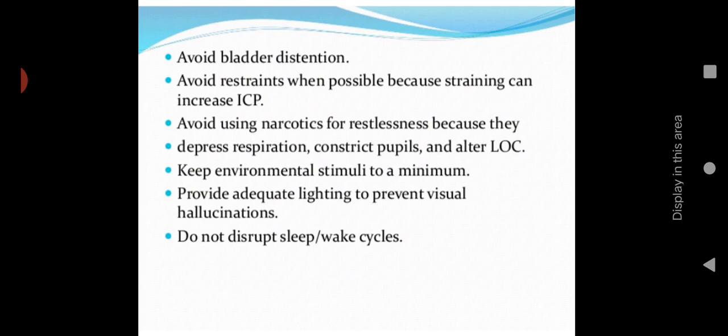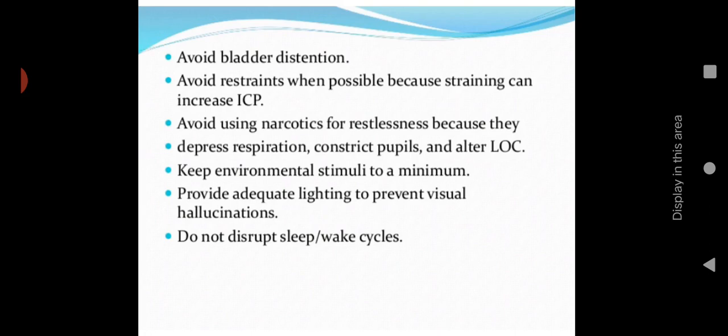Avoid using narcotics for restlessness because they depress respiration, constrict pupils, and alter level of consciousness. So try to avoid narcotics. If the patient is restless, you can provide some sedative, but try to avoid narcotics because they can lead to respiratory paralysis and constriction of pupils, and also there are changes in level of consciousness.